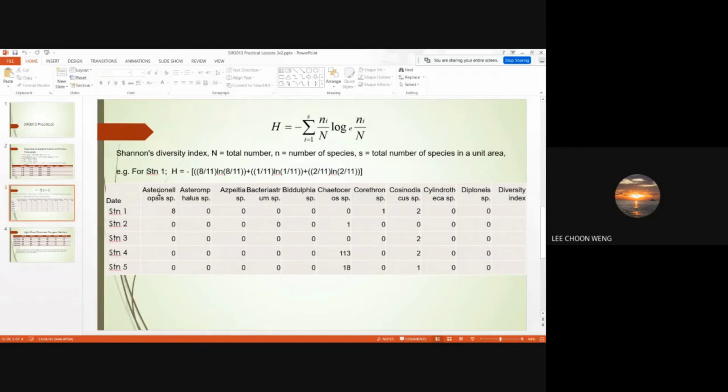So from here, probably you can see that among the 5 stations there are differences, especially when you have high ketoacidosis.